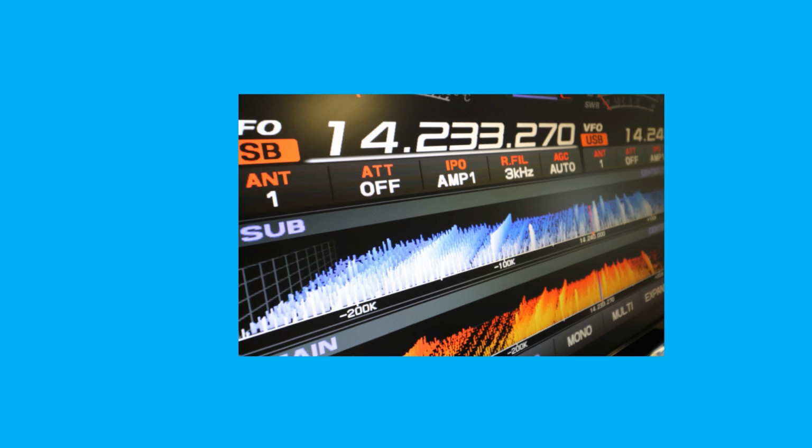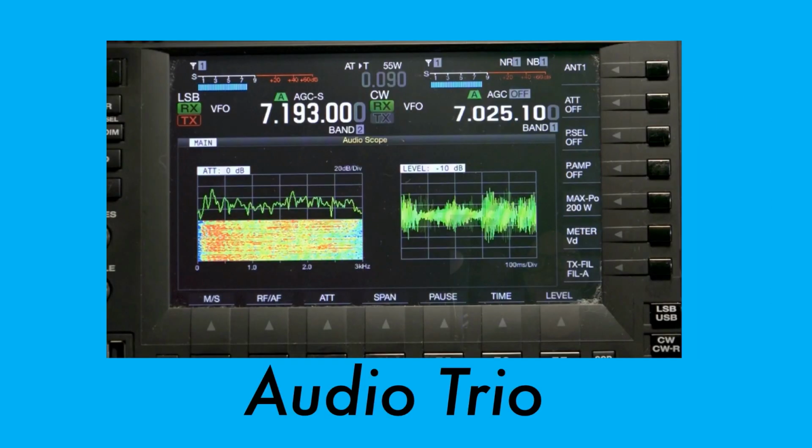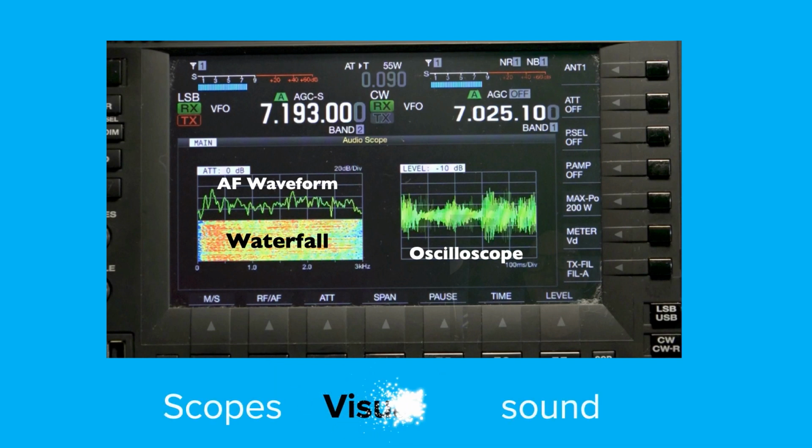I've heard some pushback about it on the air, but I think it's pretty innovative, and I'd like to explore it myself. We're going to look at what I call the audio trio, this group of three: the oscilloscope, AF waveform, and waterfall. These scopes visualize sound for the amateur radio operator.